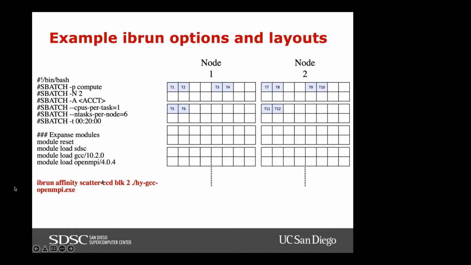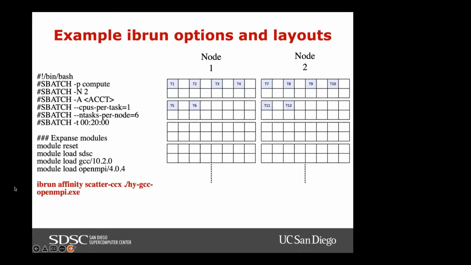Now we are saying scatter CCD. Again, it's now putting it in different CCDs, right? So that was the first CCX. It basically put it in scattering across multiple CCDs. And then the scatter CCX would just pick one from each CCX. That's what's going on.